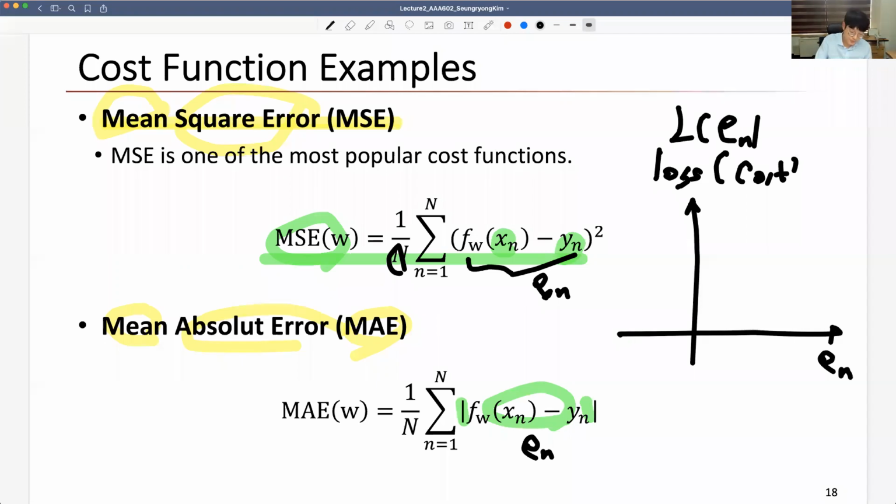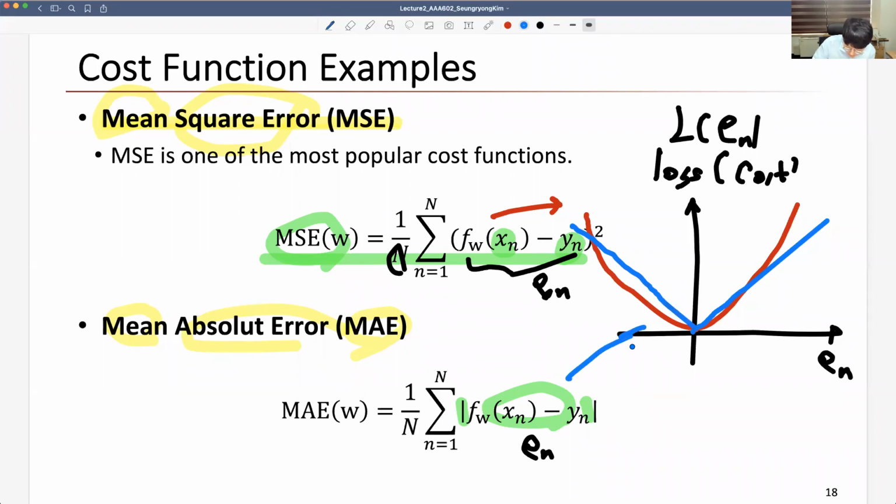When you think about the MSE loss, the shape looks like this. This is MSE. What about the MAE? It looks like this one, right? This is the MAE.